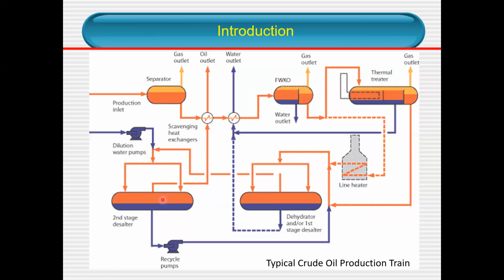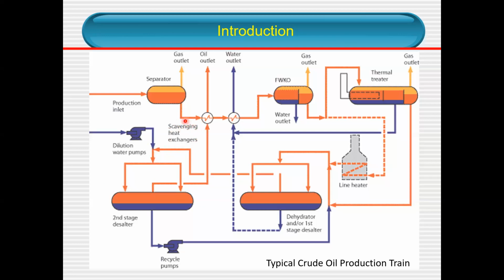This is where you have the dilution water pumps. If you have a water injector, you have to inject water to sustain the pressure. You have the scavenging heat exchanger. The scavenger is basically to remove any bacteria which can cause another type of solid. The bacteria alone is not the solid, but it can create solids deposition in the wellbore.